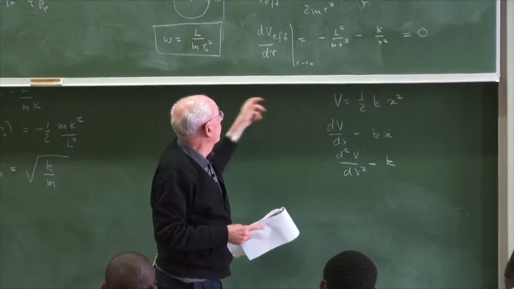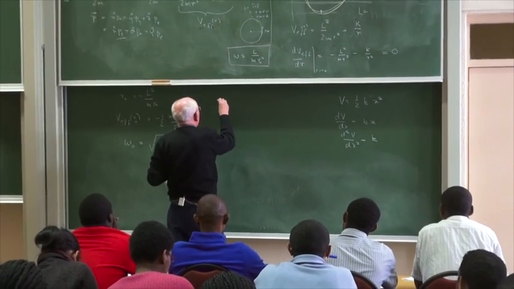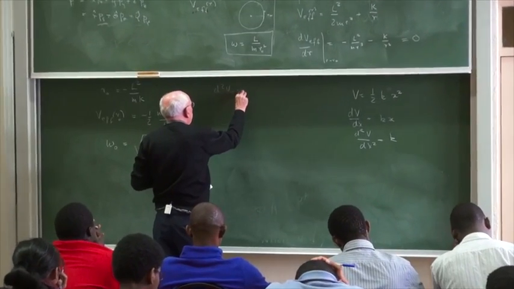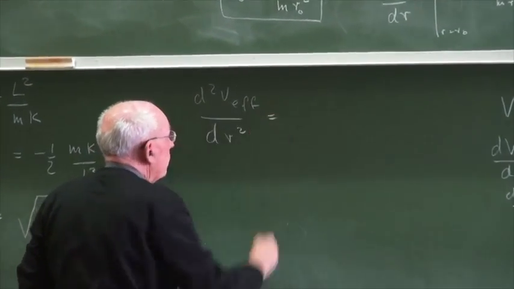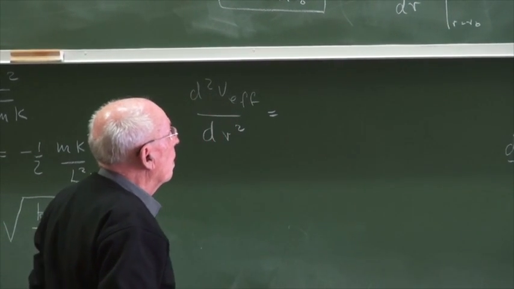Okay, we've taken the derivative once already, and so we differentiate this again. So d2V effective over dr squared is equal to, come on now, you must help me again.